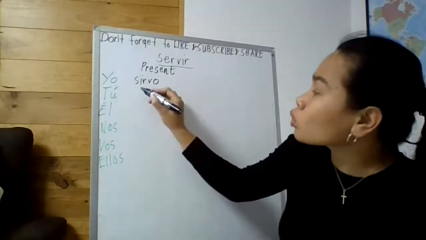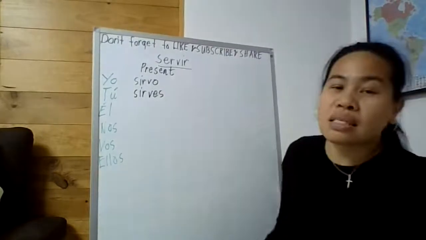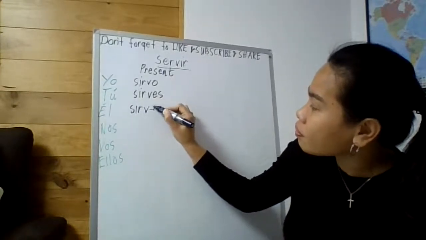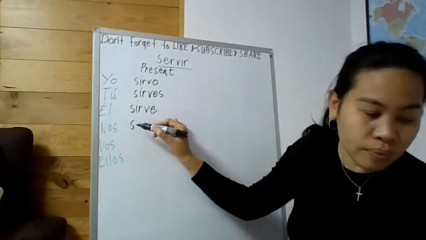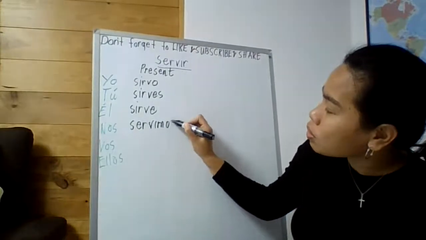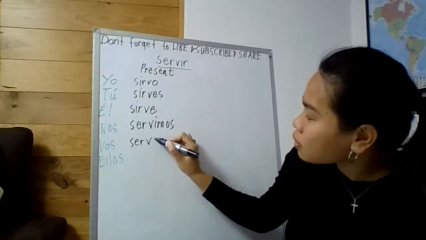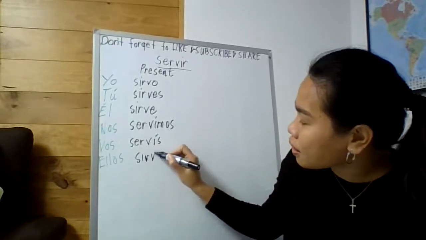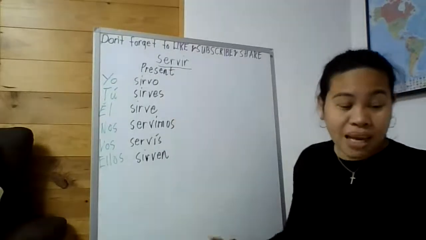Yo sirvo, tú sirves, él sirve, and then nosotros servimos, servimos, and then vosotros servís, and then ellos, ellas sirven. Okay, so this is the present simple.